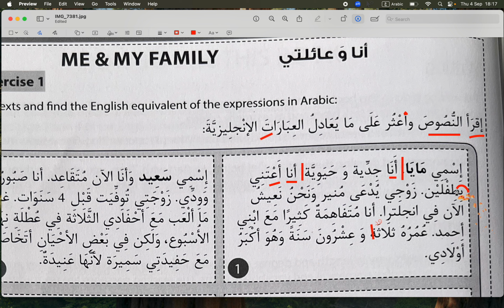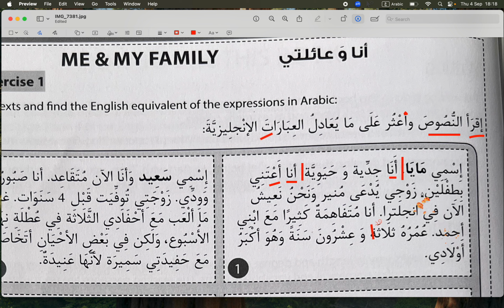Right, next sentence. Ana a'tani bi, I take care of. Now you see this ba is a preposition, and it means of here in this context. So I take care of tiflain, two children, probably hers, obviously referring to her children.